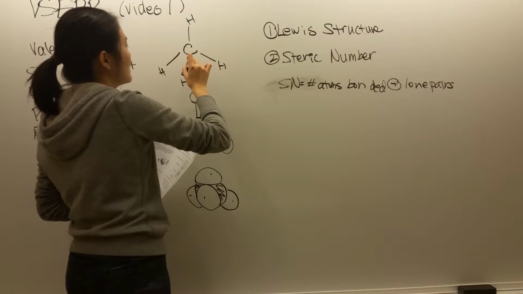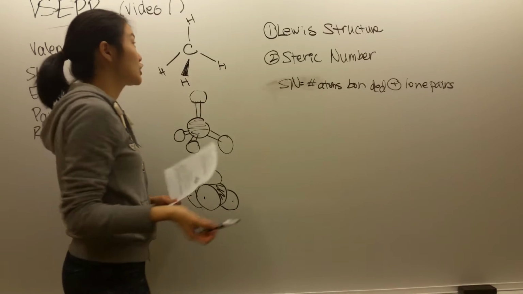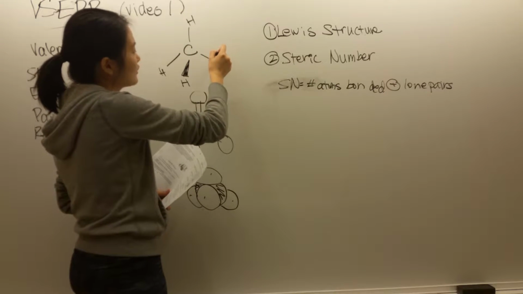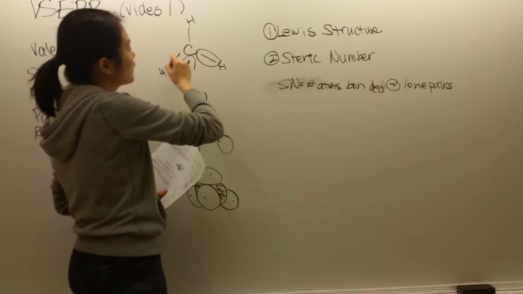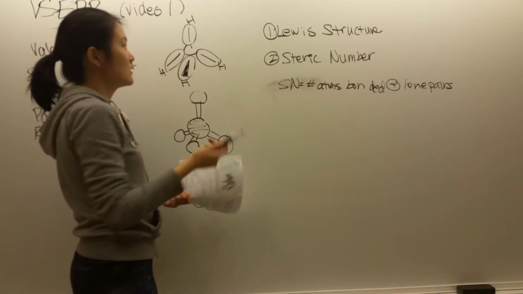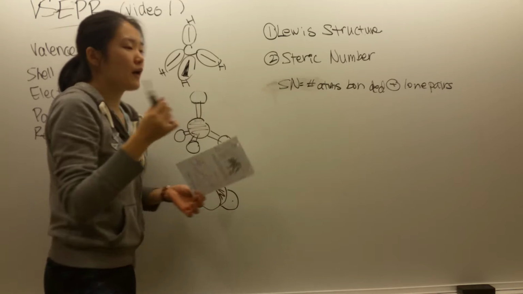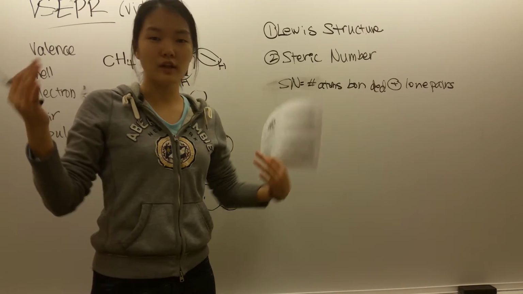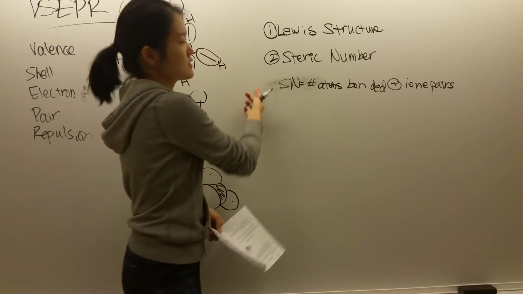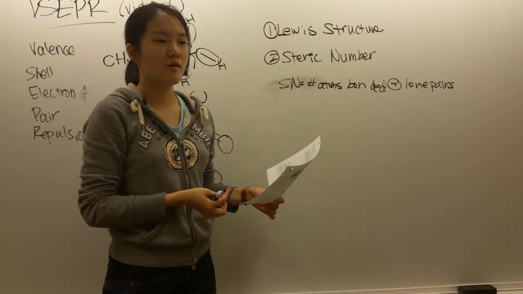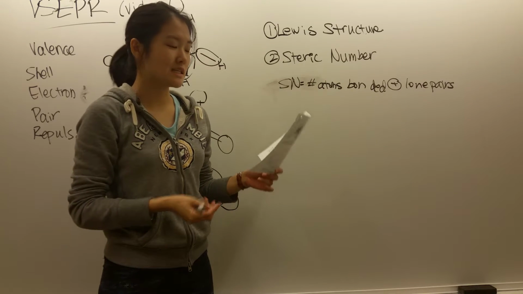If you look at where exactly the electrons are in relation to the carbon, you're going to have here, here, here, and here. It doesn't matter how many electrons there are, it's just in relation to carbon. If I am carbon, I'm seeing 4 different areas where I've got electrons. So that's basically steric number, where you're looking at different areas of electron density.